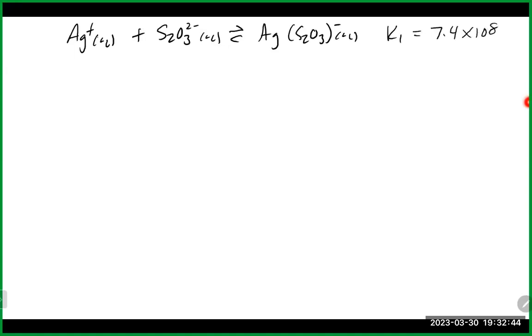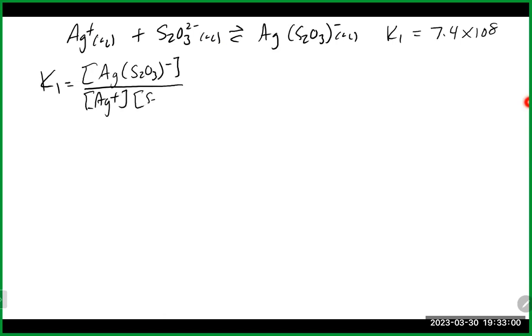All right, so I'm going to write my K1 expression, which would be the concentration of my silver S2O3 minus, divided by the concentration of the silver ion that's free, which is what I'm looking for, times S2O3 minus, and that equals our 7.4 times 10 to the 8.